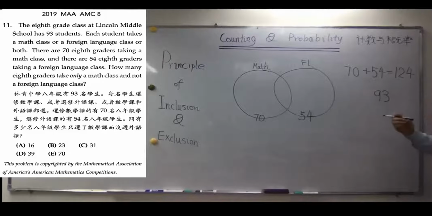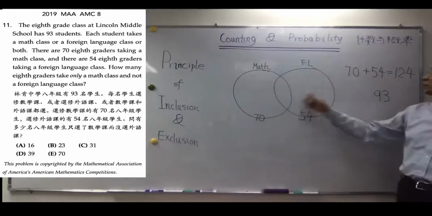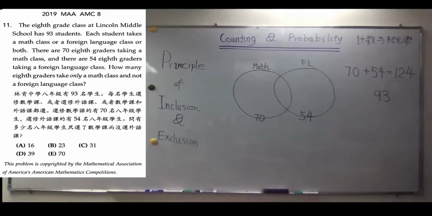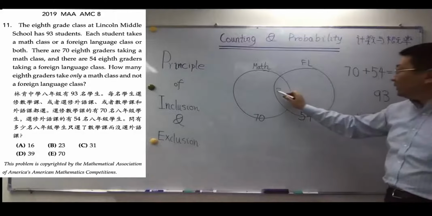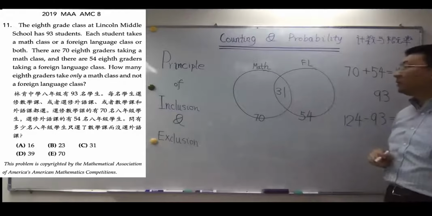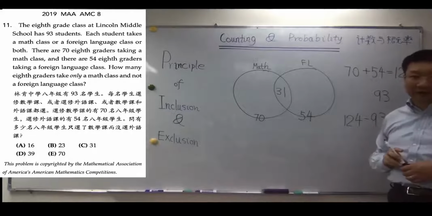Any student that attends both math class and foreign language class will be counted twice in this formula. So if we take the difference, 124 minus 93, the result is 31. What does it mean? That means 31 students take both math and foreign language classes.